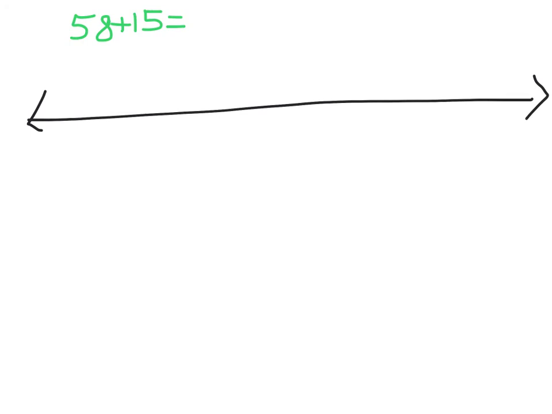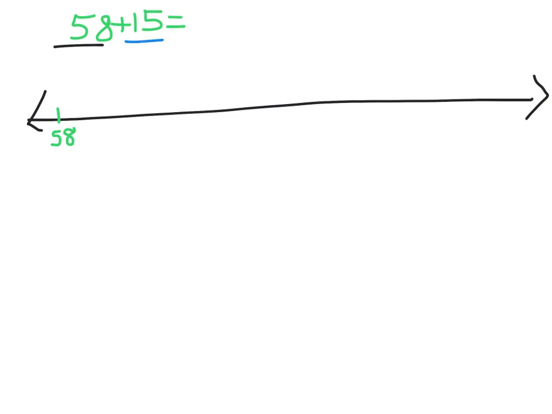Remember, this is a mental strategy you can use, but we're just using a number line right now just to illustrate how it is working. So 58 plus 15, we know that we're going to start at the number 58. At 58, we need to move 15 more numbers.